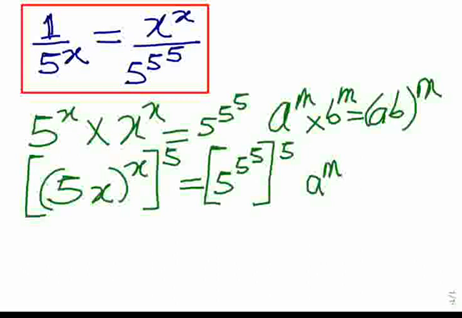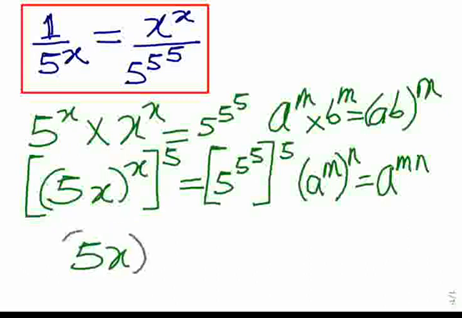If we have a raised to power m all raised to power n, this is equal to what? A raised to power m multiplied by n. From here we can see that the powers are multiplying themselves. So applying that here, we're going to have 5x all raised to power 5x, because when the powers multiply themselves, we have 5x there.